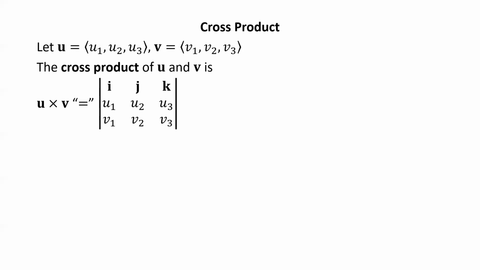Notice we're taking a determinant of a matrix, but the matrix has as its first row vectors I, J, and K, and the other 2 rows are real numbers consisting of the components of U and V. That's not a real determinant because to do a determinant, the objects inside the matrix should all be the same. Nonetheless, as a mnemonic device, it still works. It gives us what we want.